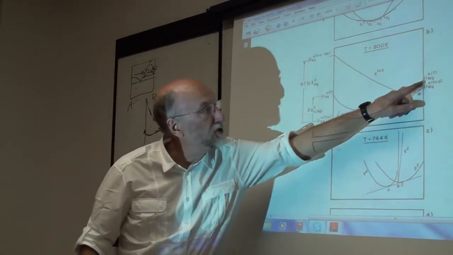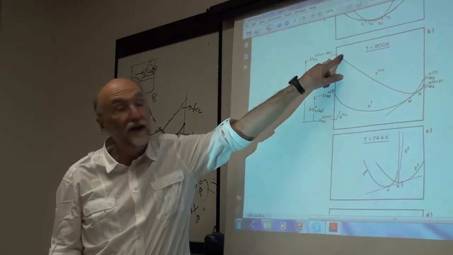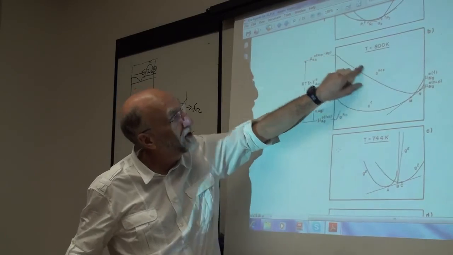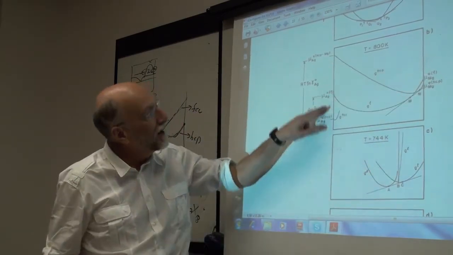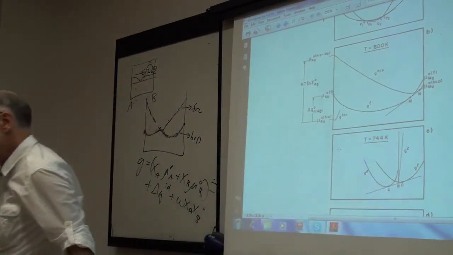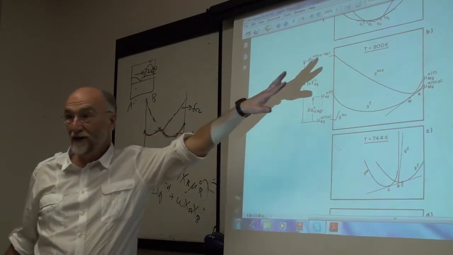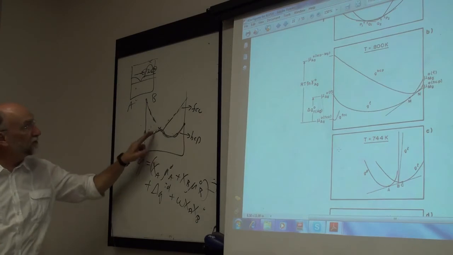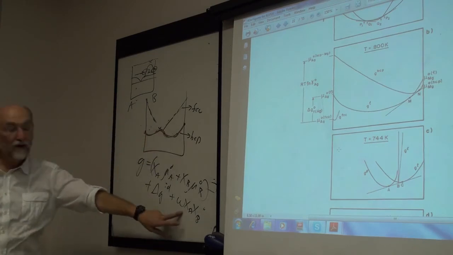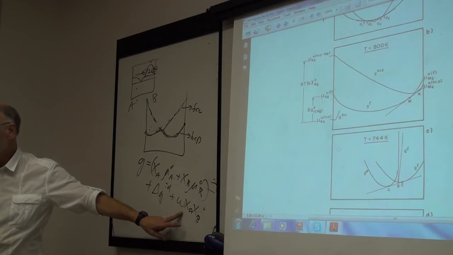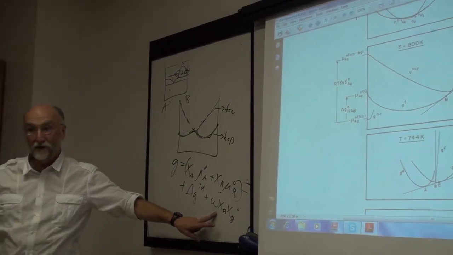So basically we had two parameters for the HCP phase to fit it. And for the FCC phase we had, again, two adjustable parameters, so we ended up having four adjustable parameters for the two phases, whereas here now we've treated the two phases as one phase and we've only got one adjustable parameter. Okay, so you have far fewer adjustable parameters than you did before.